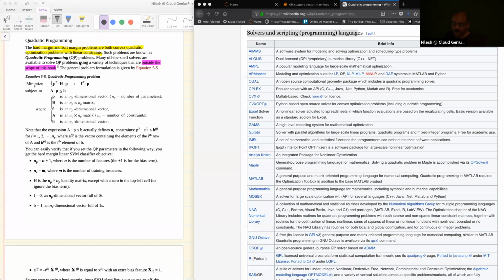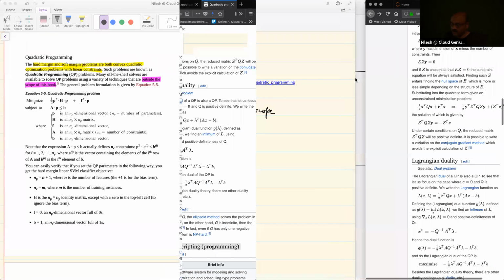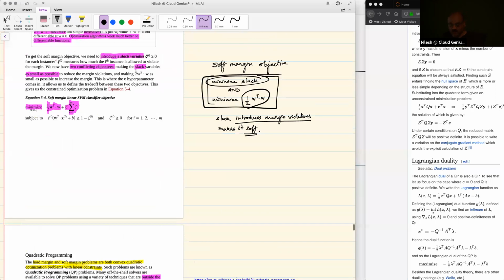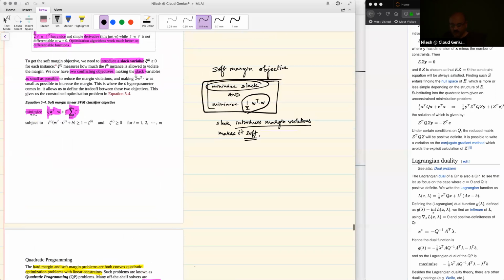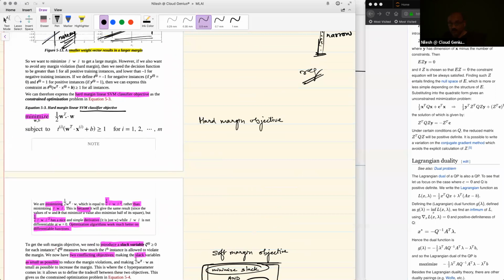That is just another way of solving it. The hard margin and soft margin are both convex quadratic optimization problems with linear constraints. So what we saw in this expression, as well as the one before that, you want to minimize them.